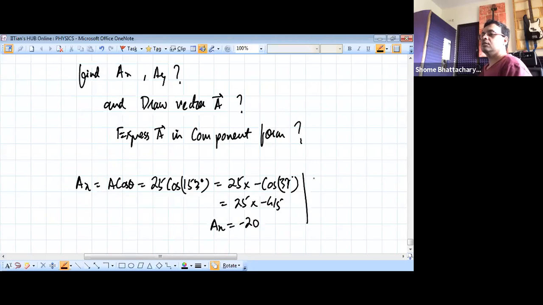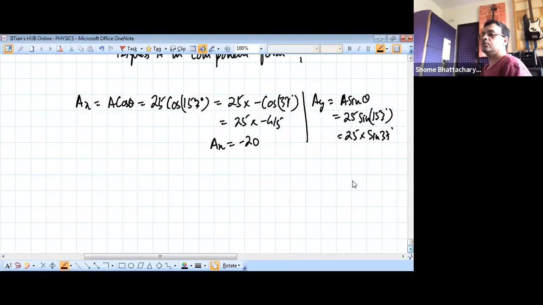Similarly, Ey, which is E sin theta, will become 25 sin 153. So that will be 25 into sin 37, which is 3 by 5. So the y component will become plus 15. So the vector E should be expressed as minus 20 i cap plus 15 j cap.